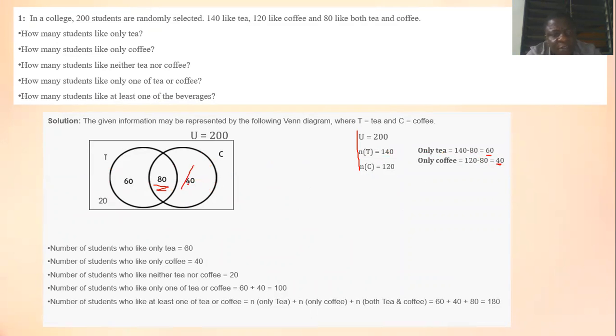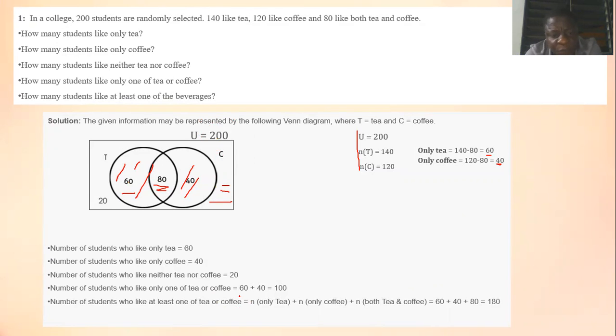So only tea is 60, only coffee is 40. Now, if we add this region, the 60, the 80, and the 40, we must get 200. If we don't get 200, it means some people did not choose any of these two beverages.